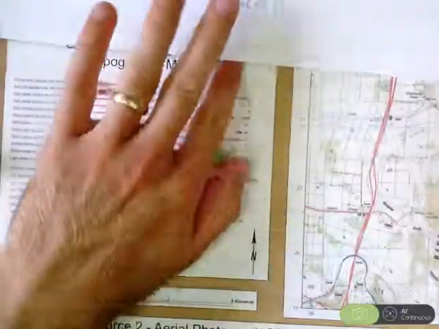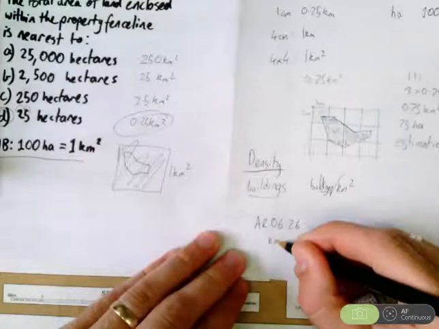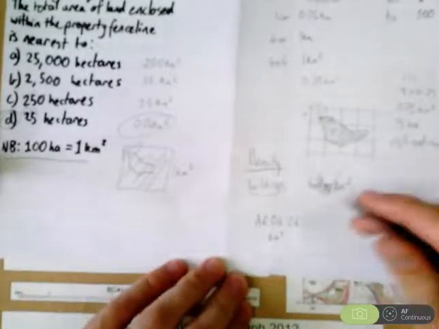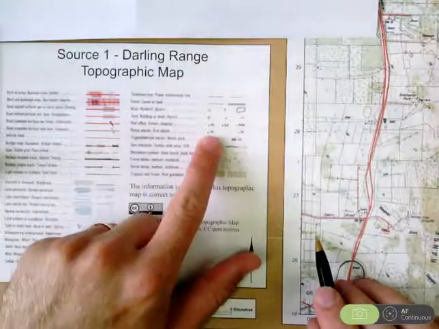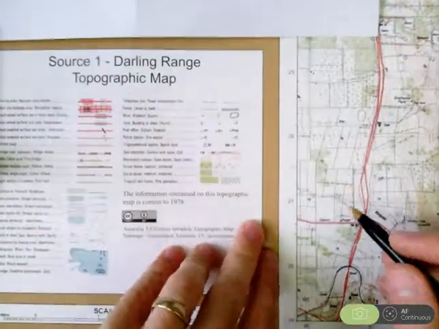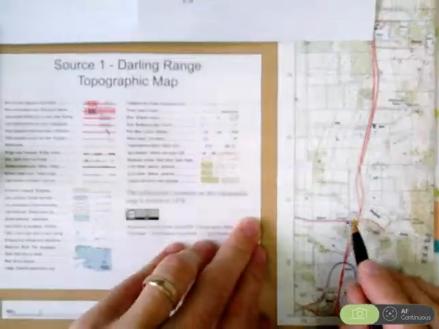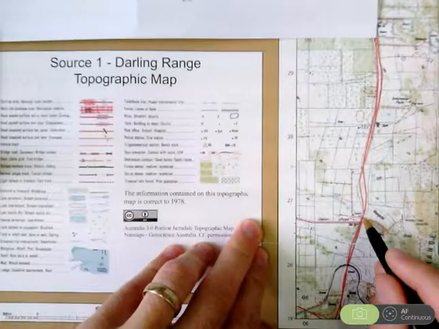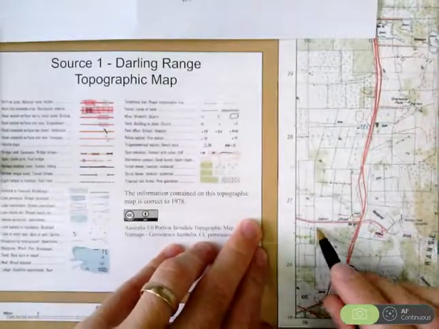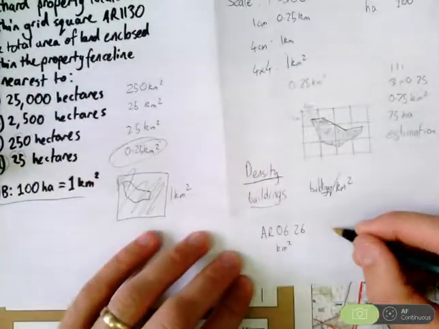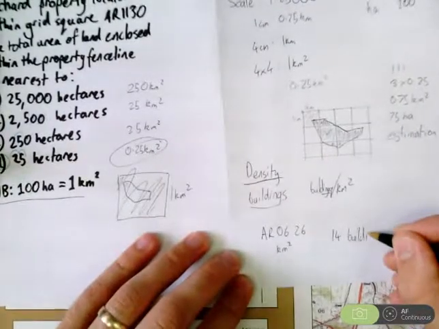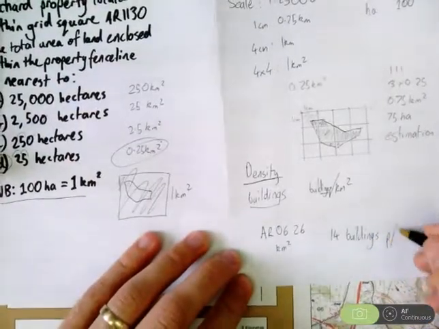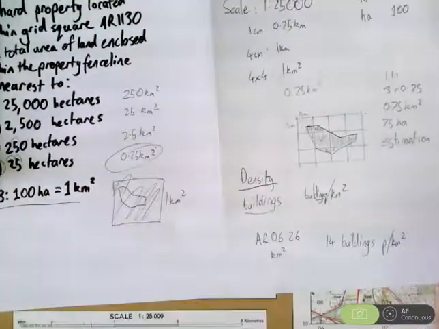So the whole grid square is 1 kilometer squared. All we have to do is count the amount of buildings that are in there. The buildings, as you can see, are these little black dots, building or shed. So we count 1, 2, 3, 4, 5, 6, 7, 8, 9, 10, 11, 12, 13, 14. So we have 14 buildings per kilometer squared. And that's density.